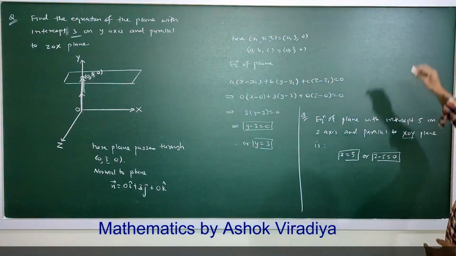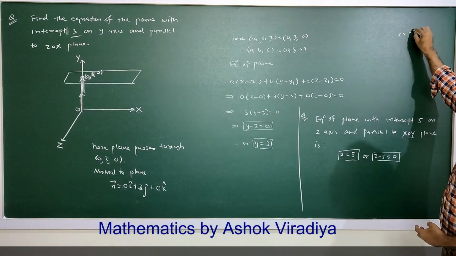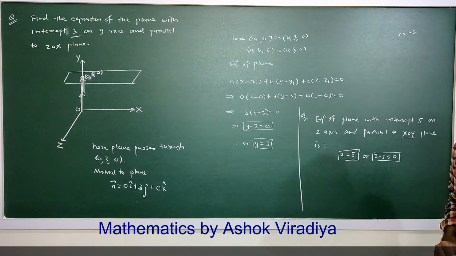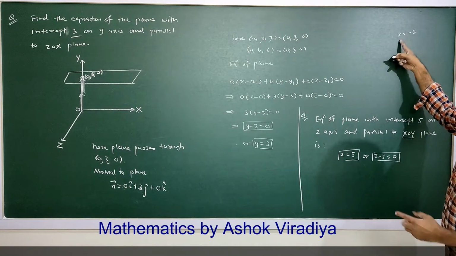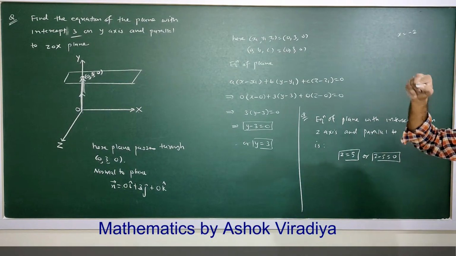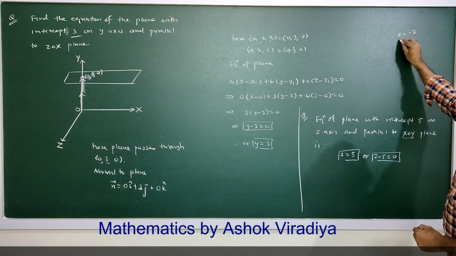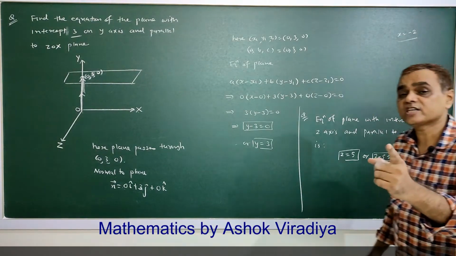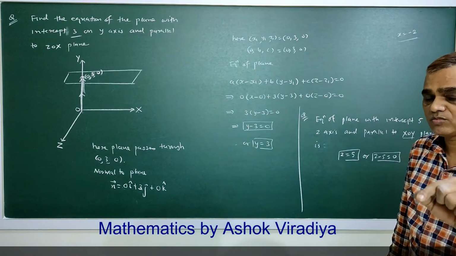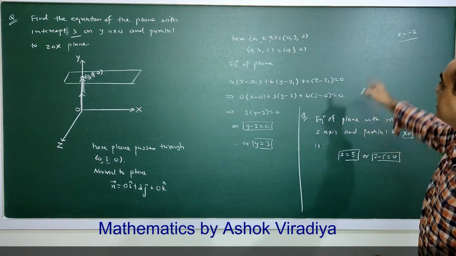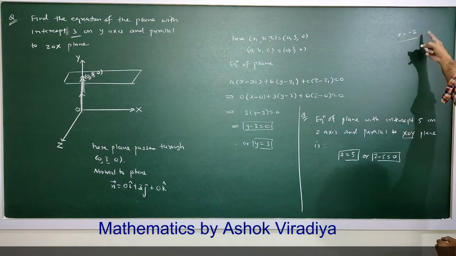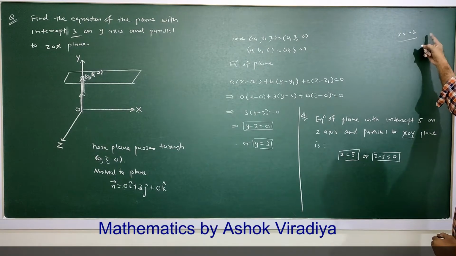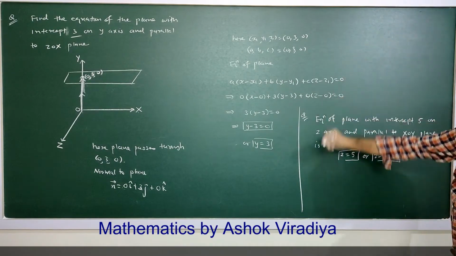If I simply write, suppose x equal to -2, in two-dimensional geometry this is the equation of a vertical line. But in three-dimensional geometry, this is the equation of a plane whose x-intercept is -2 and which is parallel to the YOZ plane. So keep this point in mind.